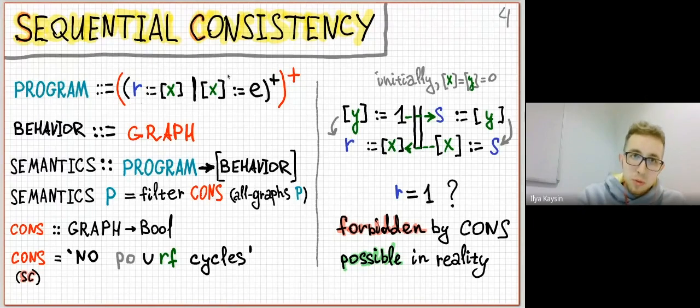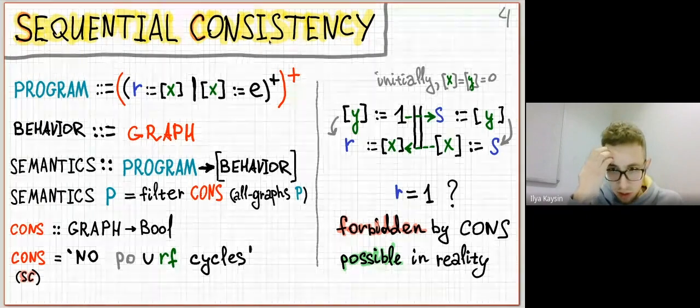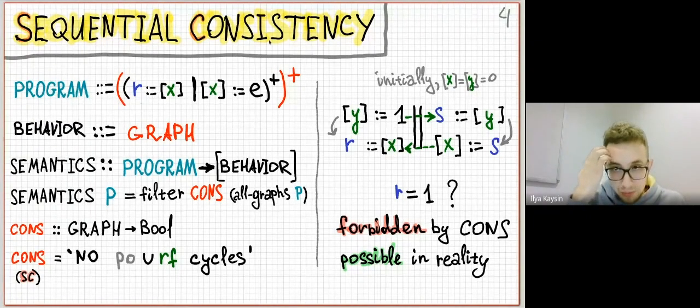But what was wrong with the sequential consistency? What assumption was wrong? The assumption that was wrong is that PO order is preserved.